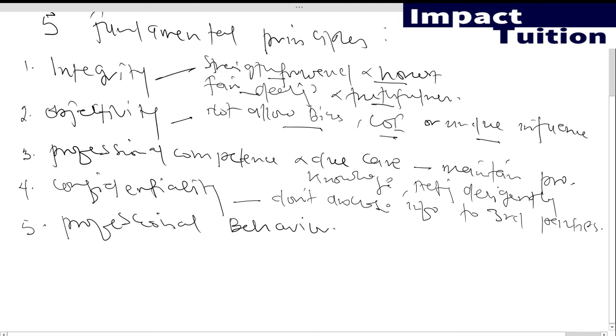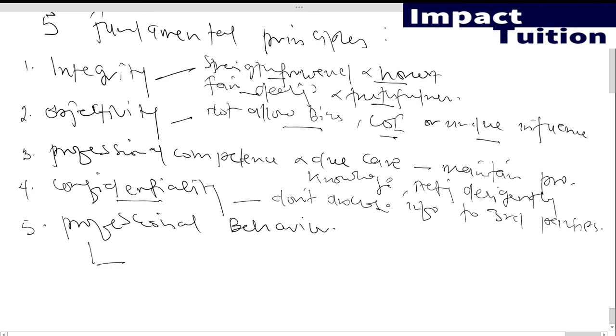However, in situations where the professional accountants have obtained authority to disclose, or there is a legal or professional right or duty to disclose, then the professional accountant should disclose information. In such a situation, there wouldn't be any breach of confidentiality. We end with professional behavior.